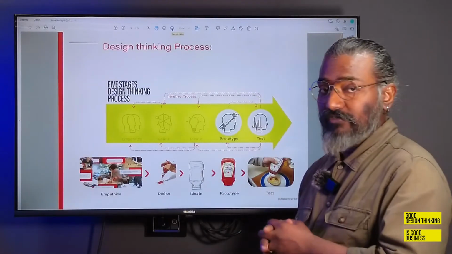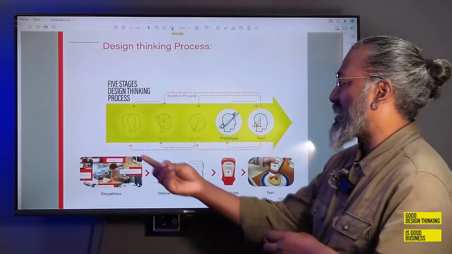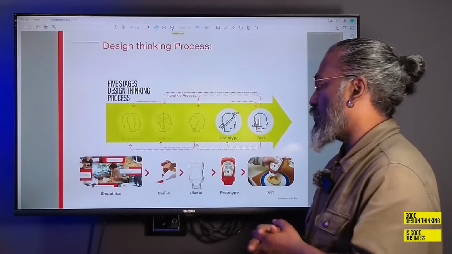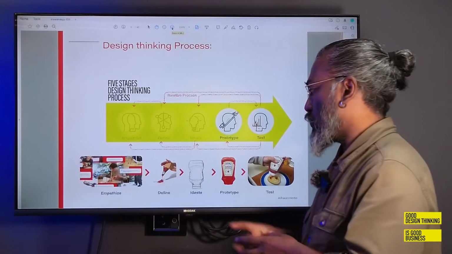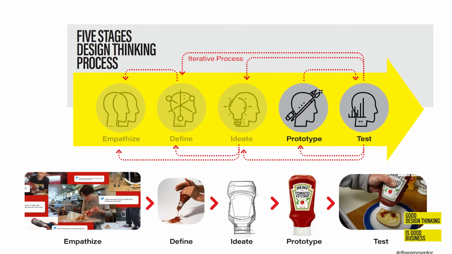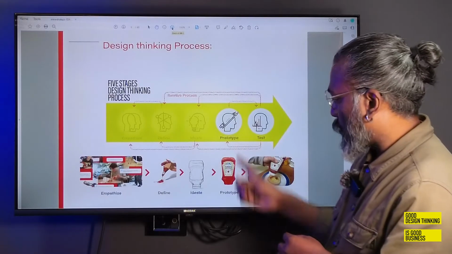On the chart, you can very clearly see that we already covered the first 3 stages: empathize, define, and ideation. So today we are in prototype, and then we'll discuss testing as well. So what is prototype?